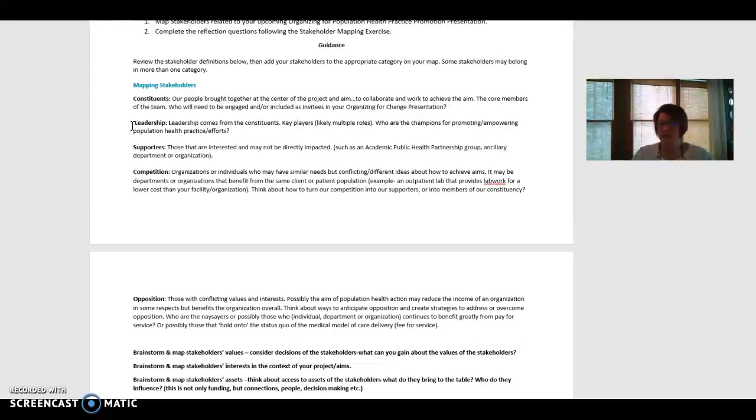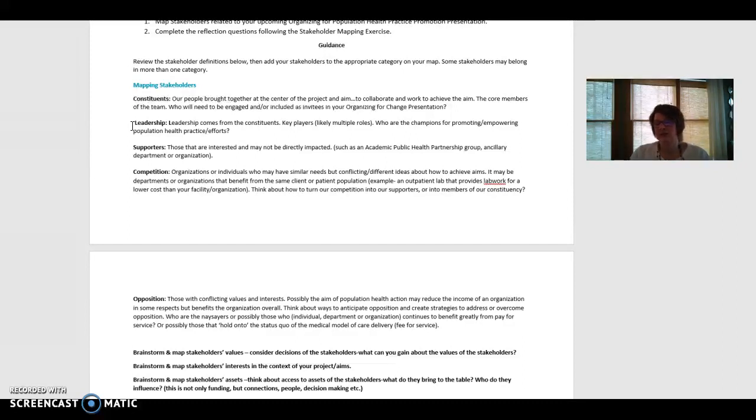When we're looking at competition, there's always competition whenever there's any kind of new initiative. Those who may have differing ideas as far as what the aims are, so it's really important to identify those folks so that you can be proactive and start those dialogues and start engagement.